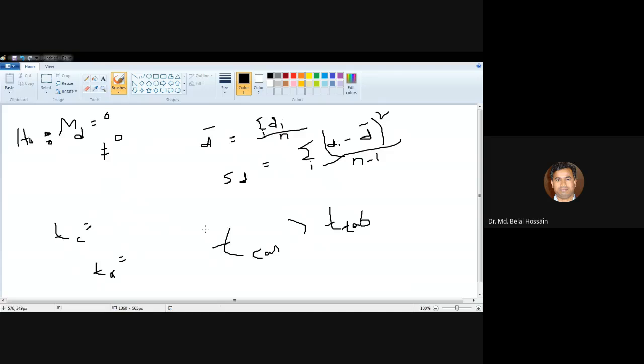So we take the absolute value of it, so that the negative sign does not bother us. Remember this: if t calculated is greater than t tabulated, then for sure the null hypothesis is rejected.